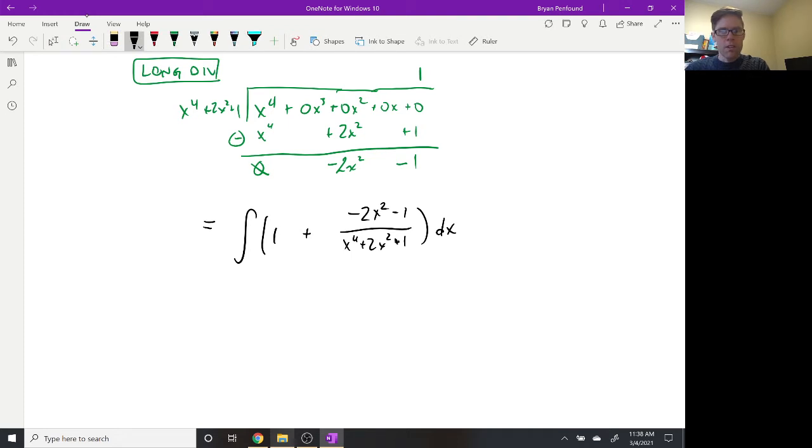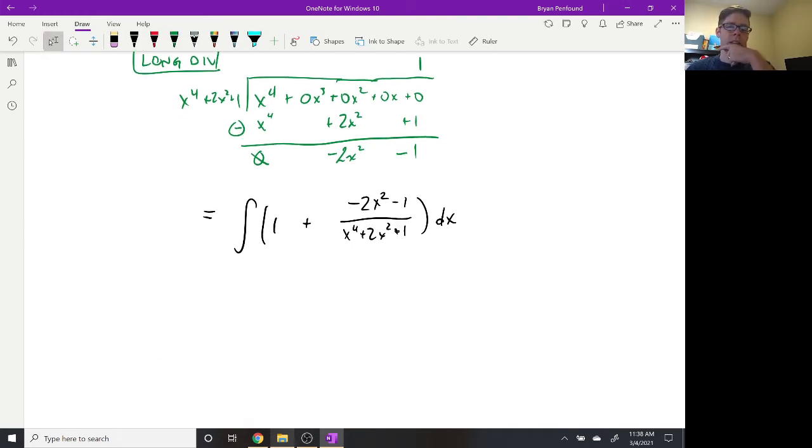Okay, so I'm maybe just going to take a moment to rewrite this second fraction a little bit. So we should get integral of 1 dx, and I'm going to factor out that minus sign as well.